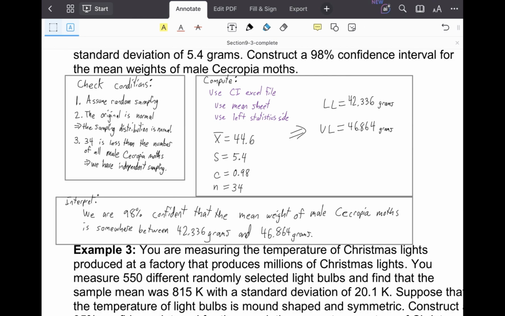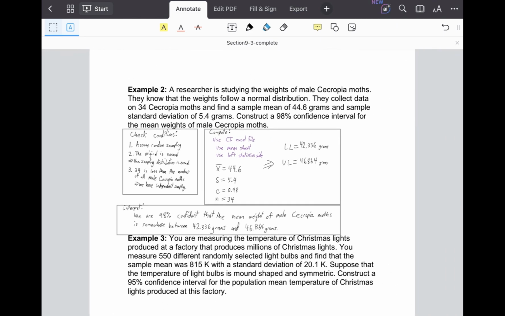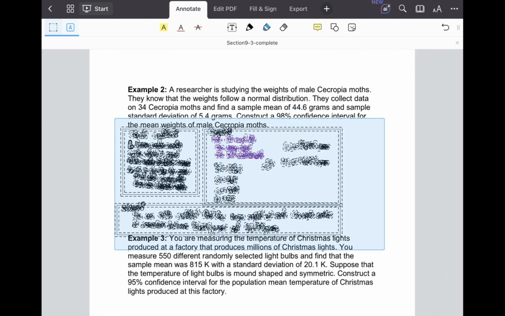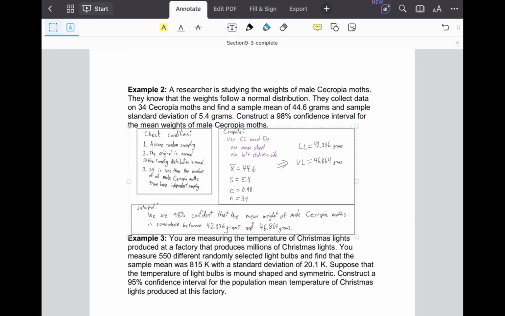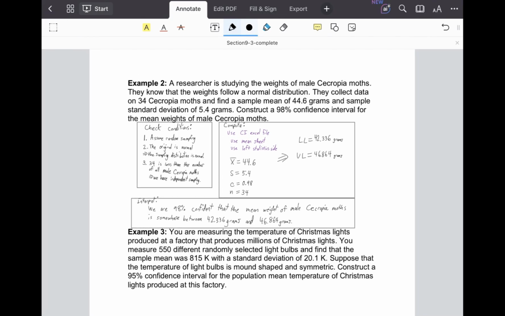Okay, cool. Yeah, these are pretty cool critters. I used to have a bunch of them, raised them from caterpillars. They have an interesting life cycle too.